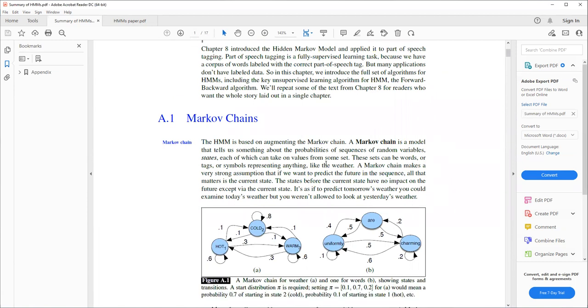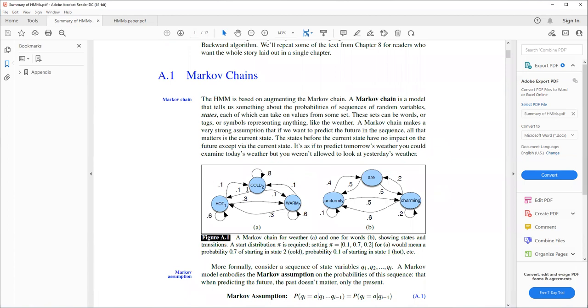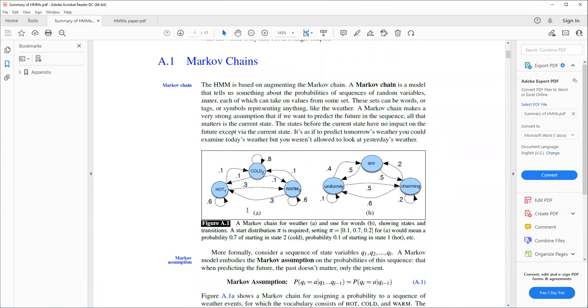So the idea is that we want to start off with Markov chains. Markov chains are, like we discussed earlier, you have got some observable events. For example, in this case, you can see two different Markov chains, and the possible values that a chain can have is it can be either hot, cold, or warm on a certain day.